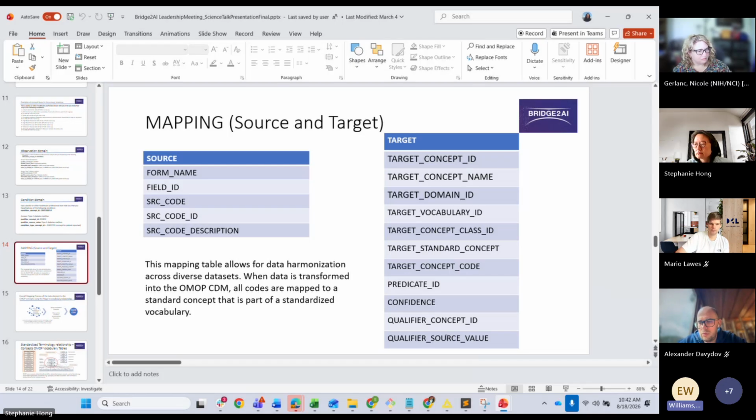And I was just interested to see your concept of how you mapped it to both the source and the target. It was from your last slide, I believe. Last slide.